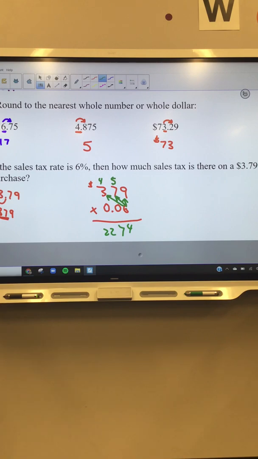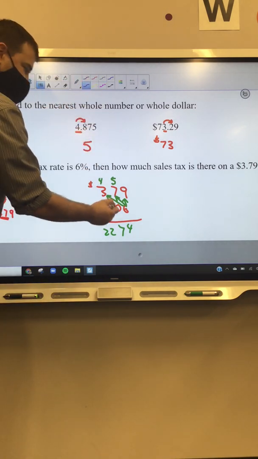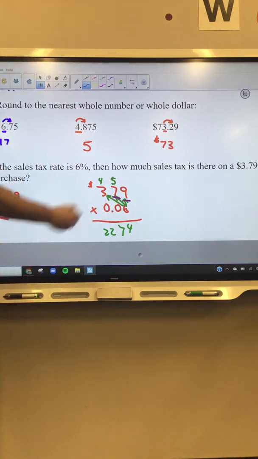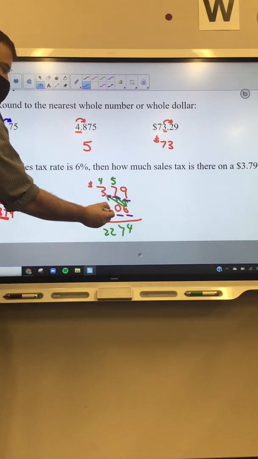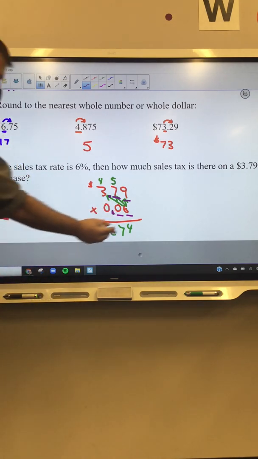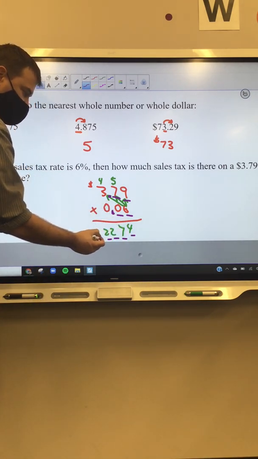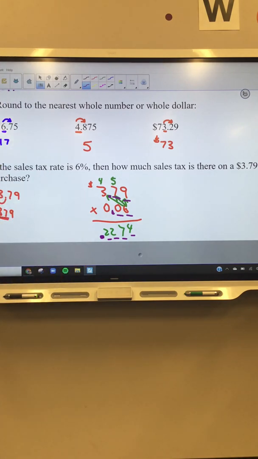Except I didn't do any of my decimals. Here I've got 2 place values behind the decimal, and here I've got 2 place values behind the decimal. That's a total of 4. So I do the same thing here: 1, 2, 3, 4. My decimal goes there. 0.2274. How many cents is that?